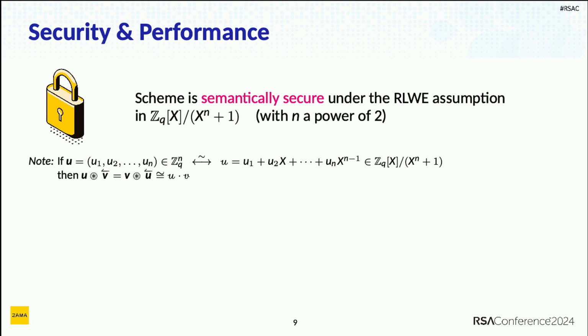Actually, there is an isomorphism between that vector space and that polynomial ring. Given a vector U, you can associate the corresponding polynomial here. And the convolution of a vector and another vector, but in the reverse direction, gives you something that is homomorphic to the product of two polynomials U and V.